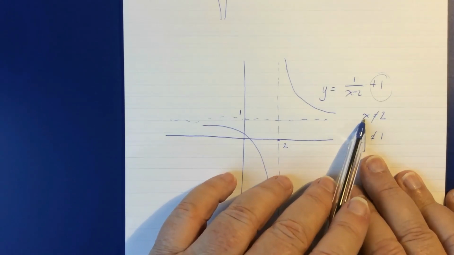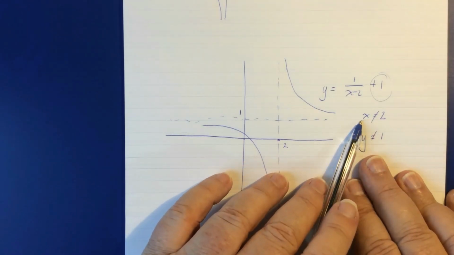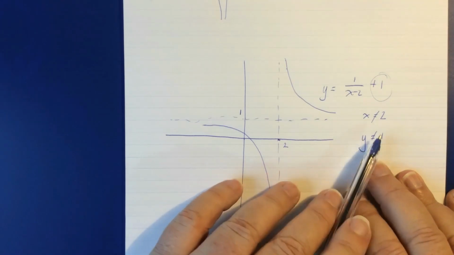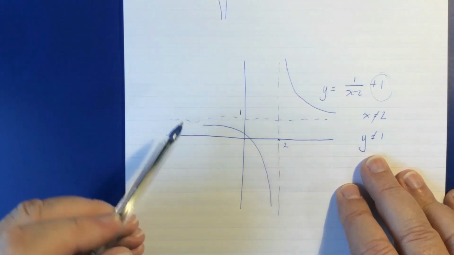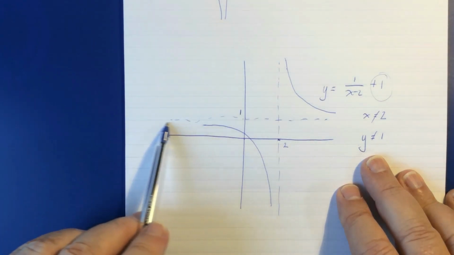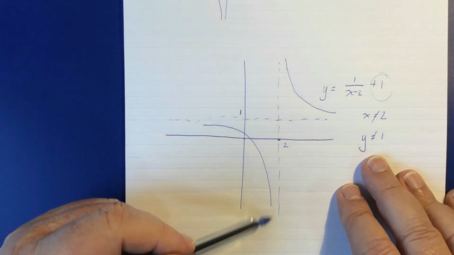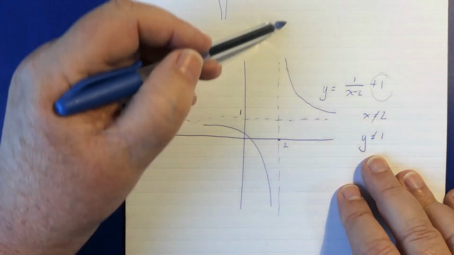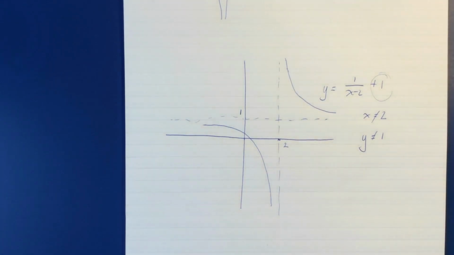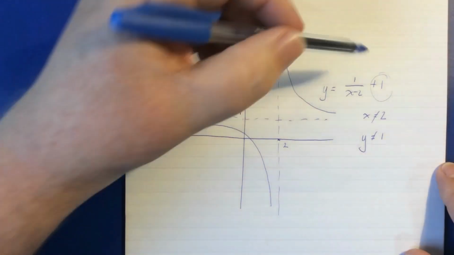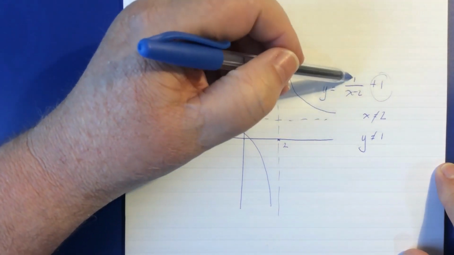So therefore the domain of this function is all real numbers except for 2, and the range is all real numbers except for 1. Now you can see this, if you can imagine that this goes on forever, that this curve goes on forever, and this curve goes on forever, and this goes on forever. This thing could encompass negative and positive infinity, but it can't encompass these two numbers because of the nature of this function.